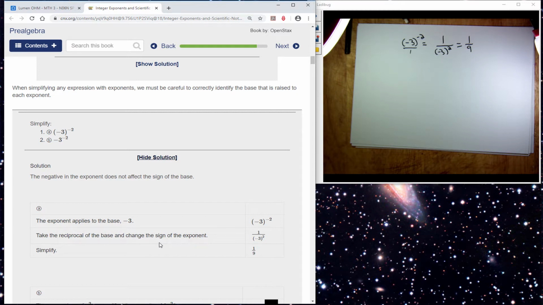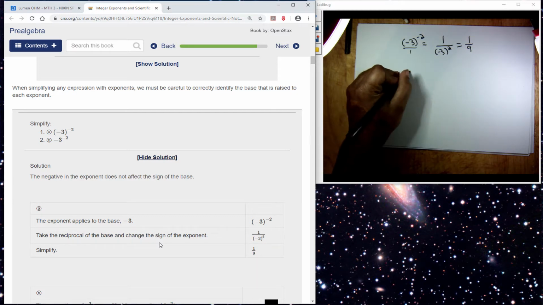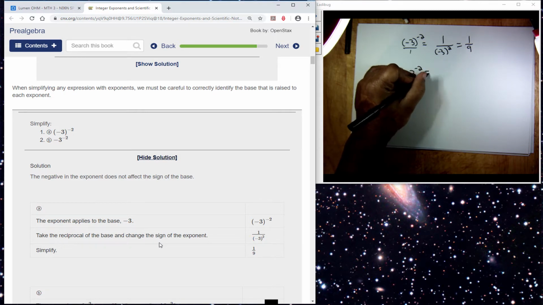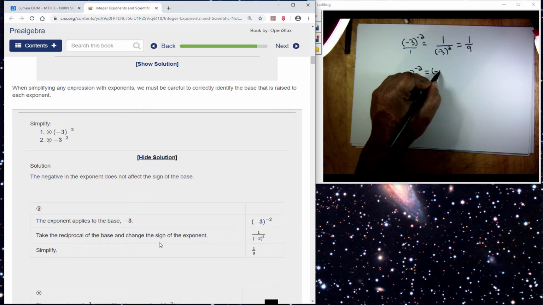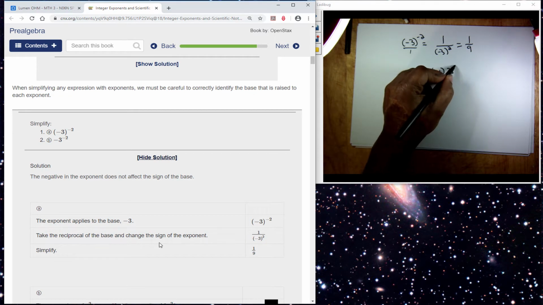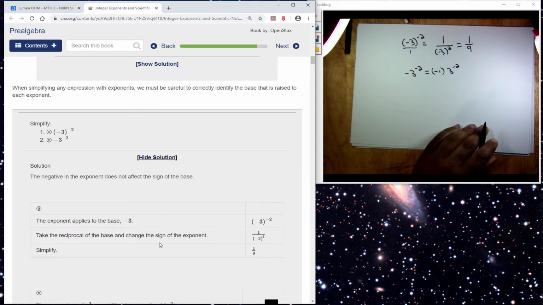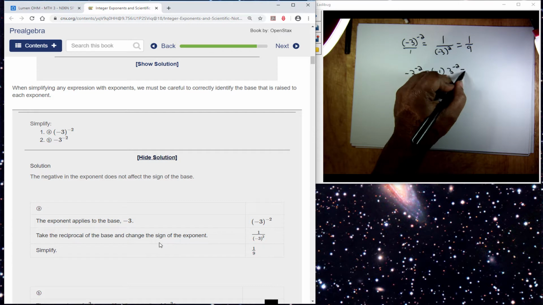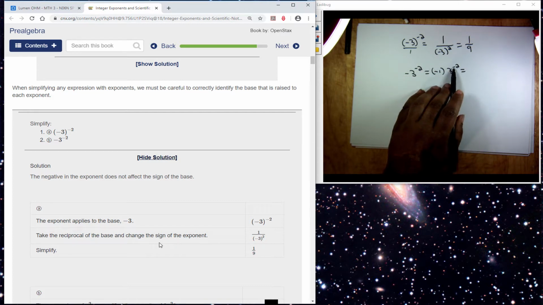Let's look at another one. Negative 3 raised to the negative 2. So what I really have here is negative 1 times 3 to the negative 2. Keep in mind this negative also has a position on it.